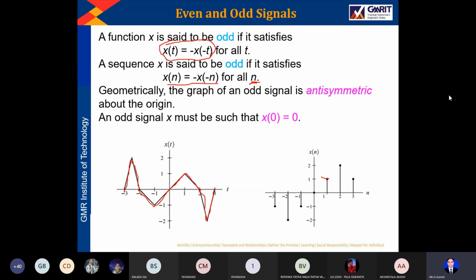We have seen around 2 to 3 categories: continuous and discrete type signals, analog and digital signals, and third, even and odd signals. Maybe we'll continue with this in the next class also. Another 2 to 3 categories of signals are there, we'll complete them.